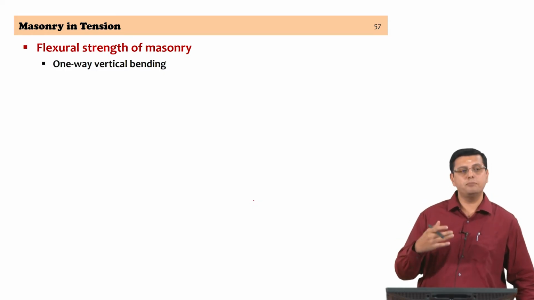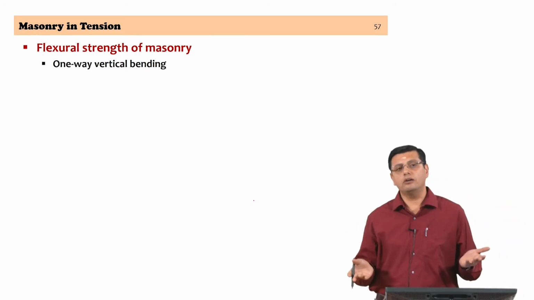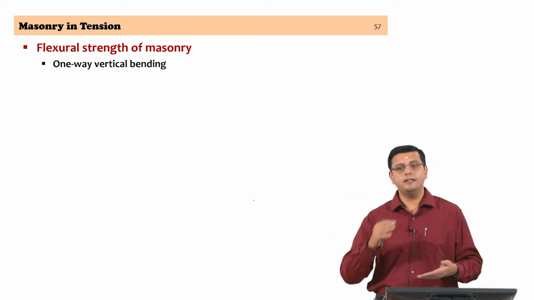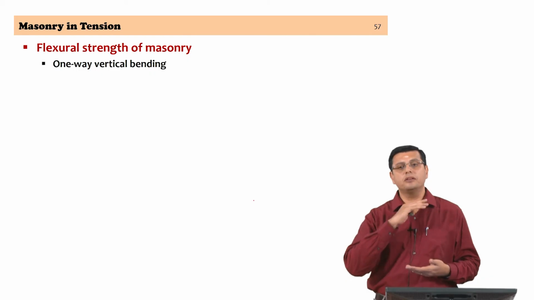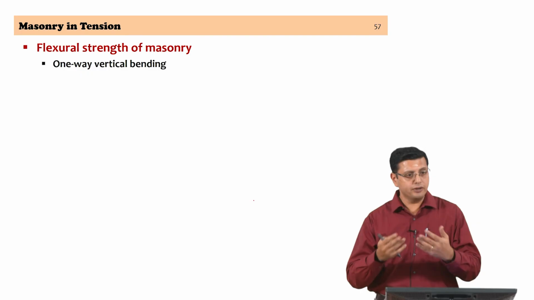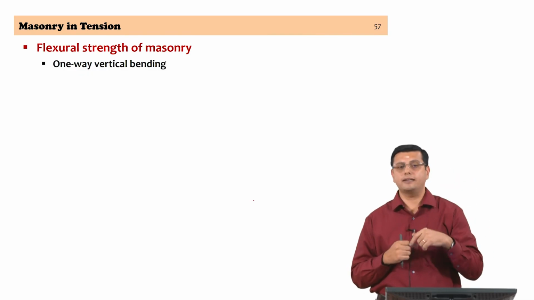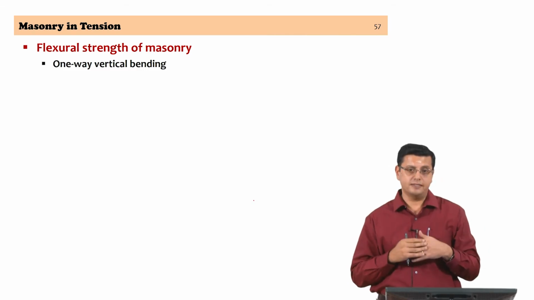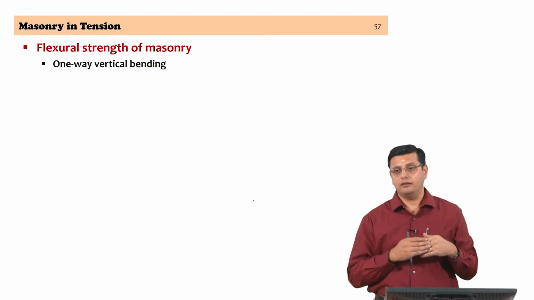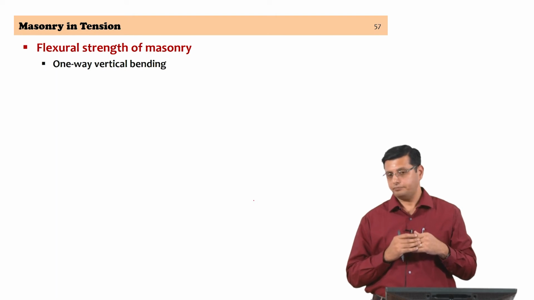So, if a wall is bending between supports, and is assumed to be free on its vertical edges and supported only at the top and the bottom, and it is subjected to out of plane loads, wind loads or inertial loads due to an earthquake, and there is gravity force acting along the wall itself, under a combination of gravity loads and the out of plane loads, the wall is expected to be in vertical bending, right.